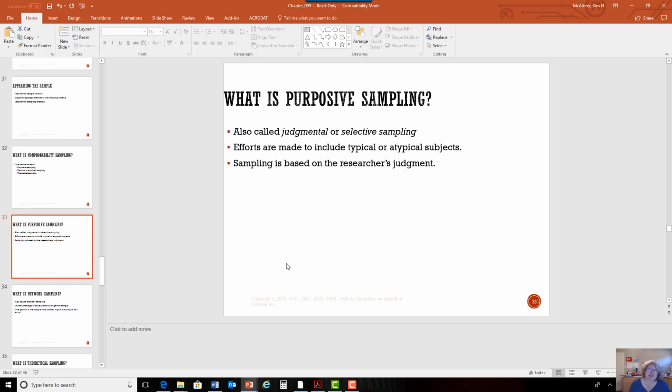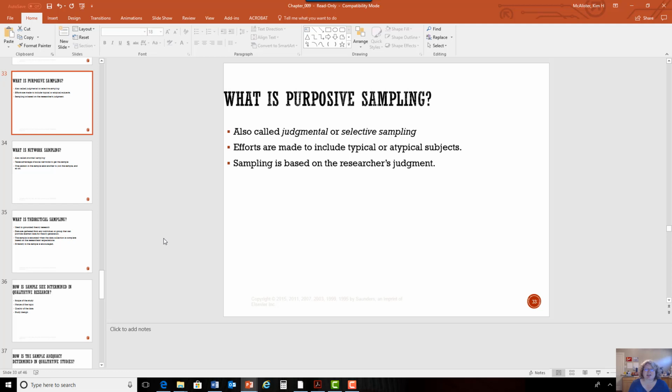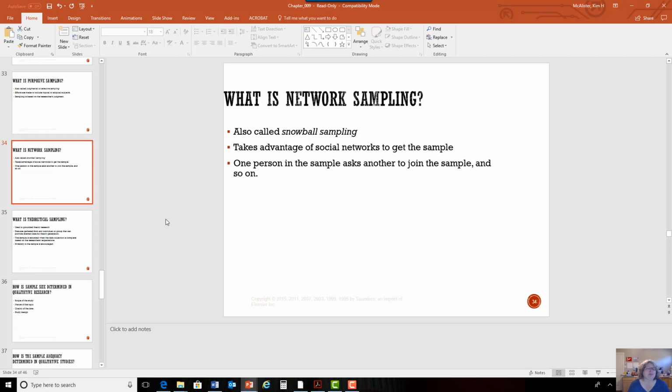So this is based on the researcher's judgment. The problem with this is that bias can run rampant. So you have to be very, very careful when you're doing this to try to exclude bias and really look at deliberately selecting appropriate people.